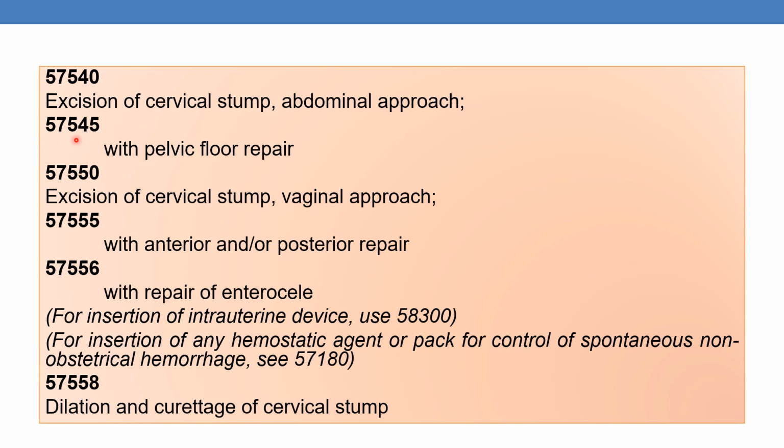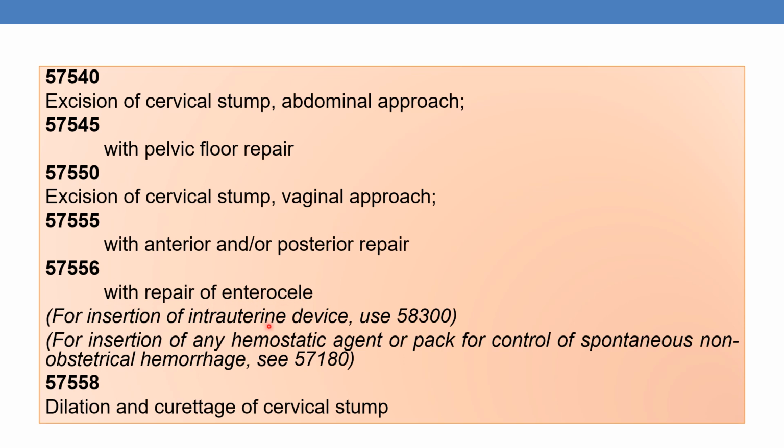Next is 57545, excision of cervical stump with pelvic floor repair. The next is 57550, excision of cervical stump, vaginal approach. The next is 57555, excision of cervical stump with anterior or posterior repair. Next is 57556, excision of cervical stump, vaginal approach with repair of enterocele.